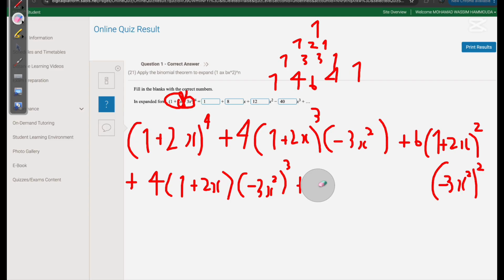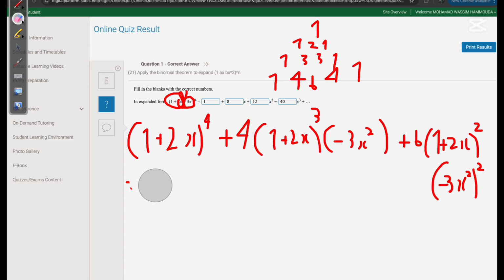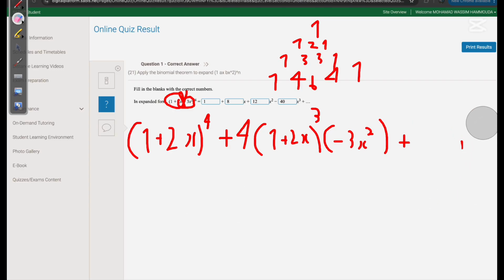Let's also eliminate this, because it will result in more than x cubed, and this as well. So now we only have these two left.